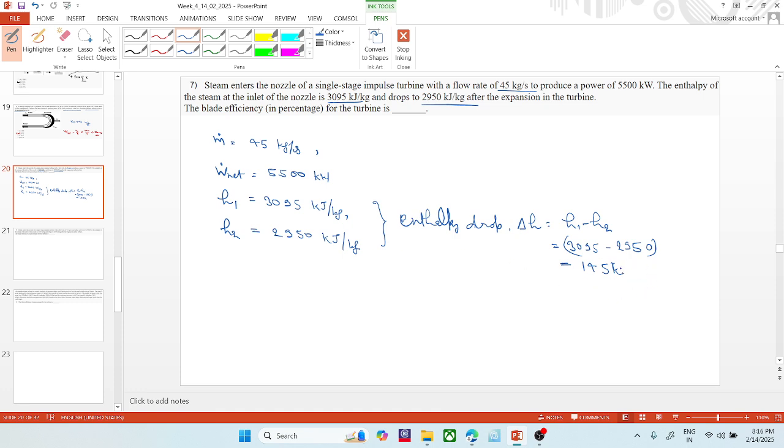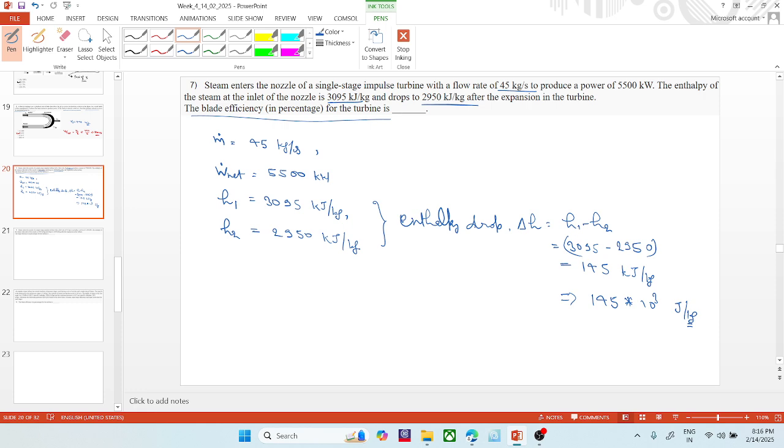So this is 145 kilojoule per kg. It would be 145 into 10 to the power 3 joule per kg. Now what they have asked is the blade efficiency in percentage.